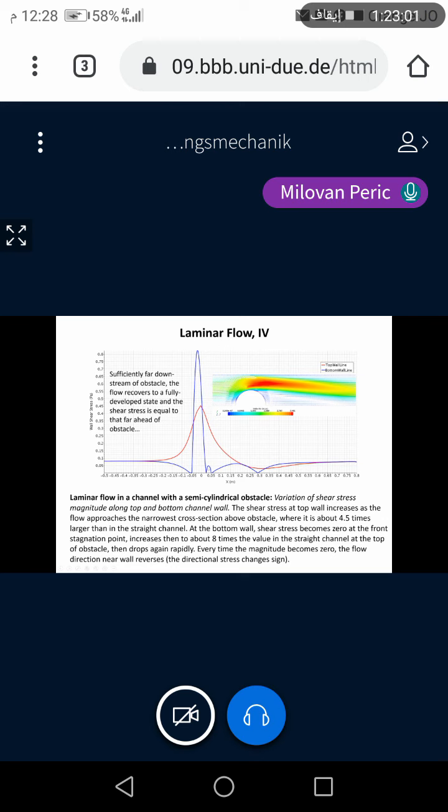Then it changes sign, but we are plotting here the magnitude, so you don't see the sign change. And then there is again a zero value. Then there is again a change of sign, and then there is a last zero value. So this last zero value near x equal 0.3, that's where the bigger circulation ends.